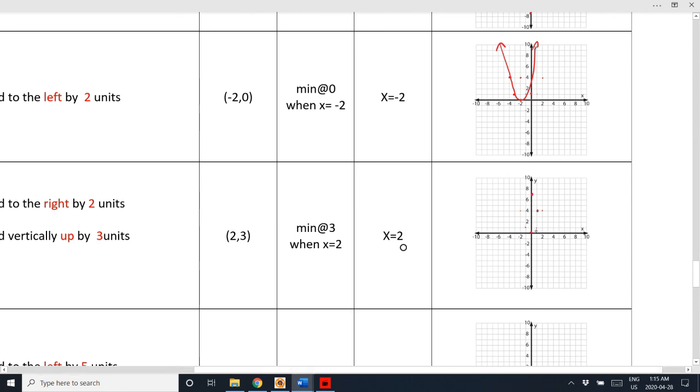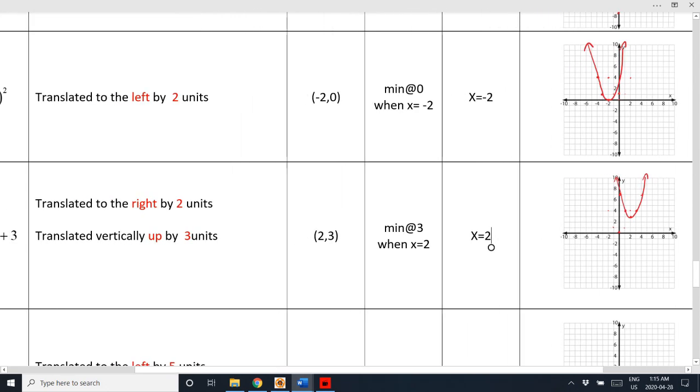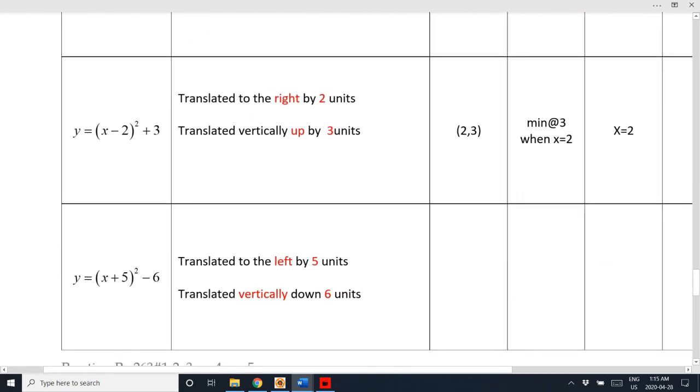So we go across 2 to the right and up 3, and the same thing for each of the remaining points. There's our new graph. And we just have one more example here.